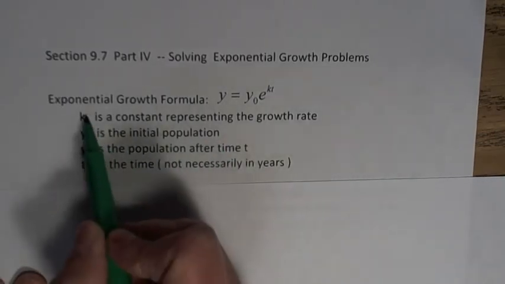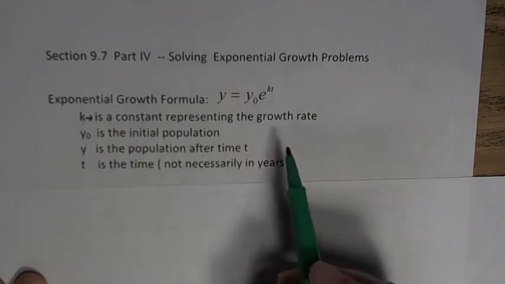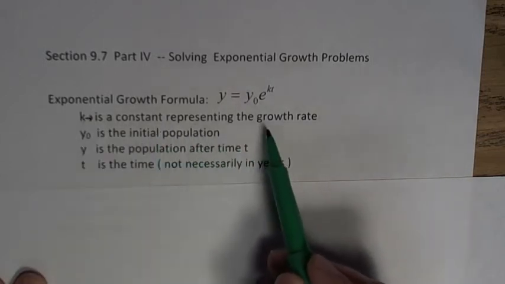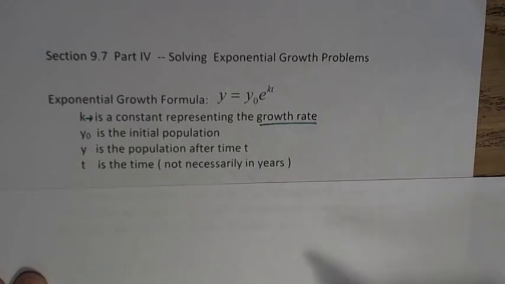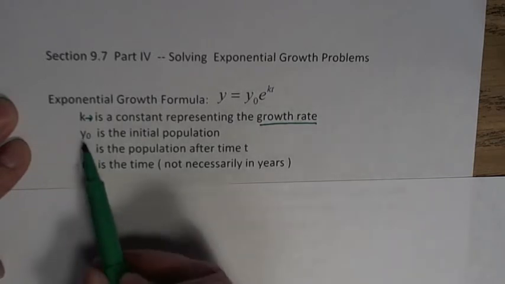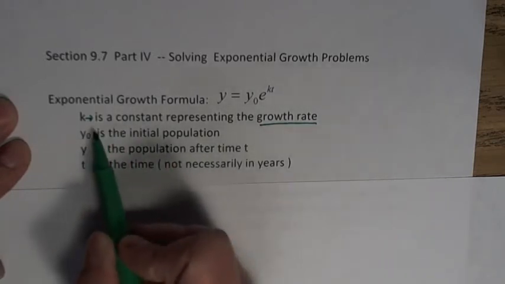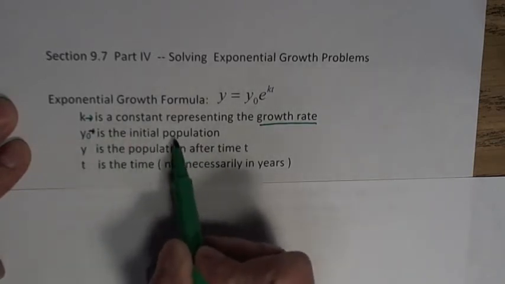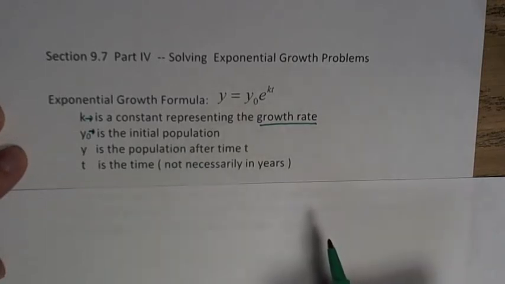K now, instead of an interest rate, is a constant that represents the growth rate. So it often is a percent that's been converted into a decimal, much like the interest rate in the compound interest problems. The Y sub 0 is just a way we often represent what we call the initial population.